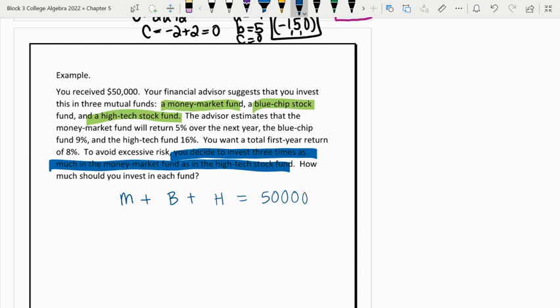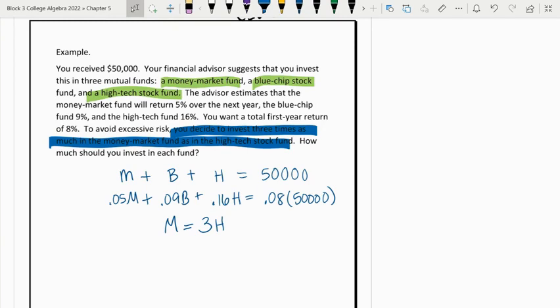In the money market, it makes 5%, so 0.05 M, plus blue chip is 9%, 0.09 B. High-tech fund is 0.16 on the H. And I want to have 8%, so 0.08 of the 50,000. And the last thing says 3 times as much money in the money market fund as in the high-tech. So the money market, which I have more money in, is 3 times the high-tech stock.